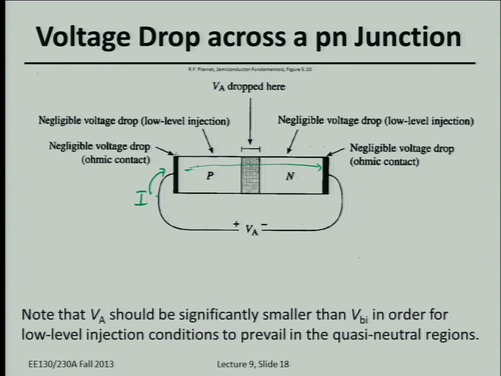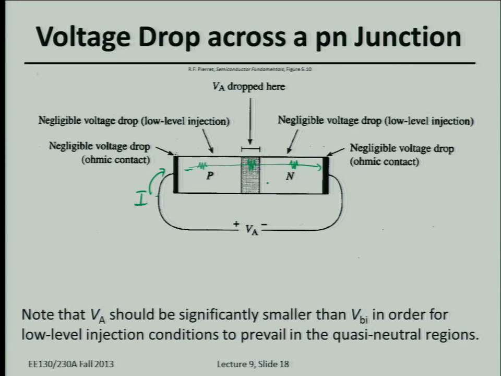Okay? But there's going to be some resistance, right? Because it's doped material, there's going to be some resistance of the P region, and there'll be some resistance of the N region. And the depletion region effectively, you can think of it as having some impedance, some resistance to current flow. Now the depletion region doesn't have a lot of mobile charge carriers.